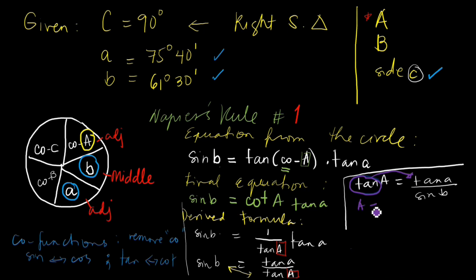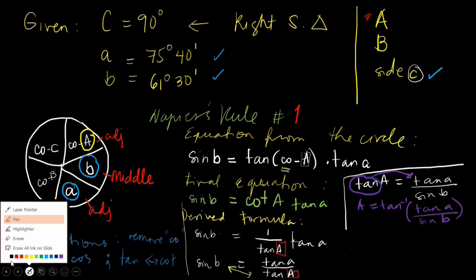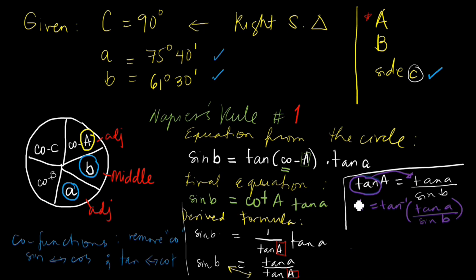So that is A equals arc tangent, applying the inverse trigonometric tangent of side A over sine of side B. Now we can already substitute. This is the derived formula for the unknown, and this is the one that you are going to use for the substitution.